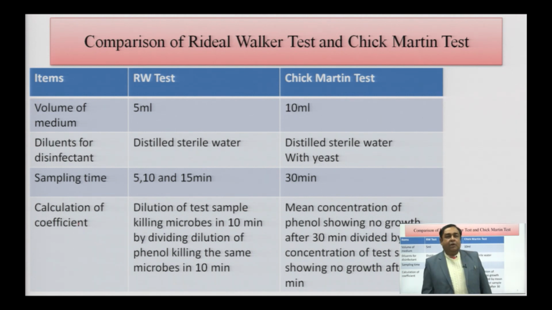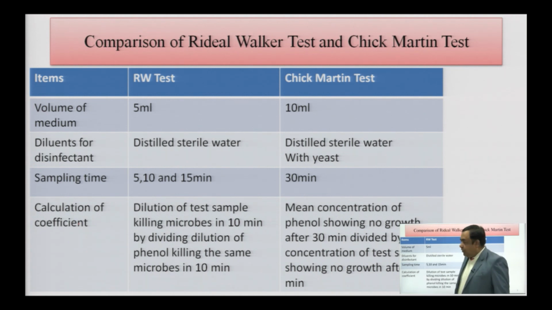Then, in case of Riedel-Walker coefficient, it was defined as the dilution of the test sample which was killing the microorganisms in a period of 10 minutes divided by the dilution of the phenol killing the same microorganism in a period of 10 minutes, but not in 5 minutes. That is, we were measuring the inhibitory capacity of that disinfectant as well as phenol by keeping the contact duration to be 10 minutes and not 5 minutes.